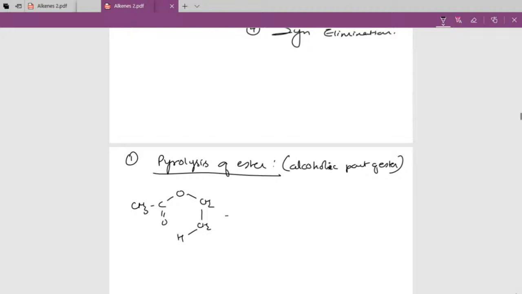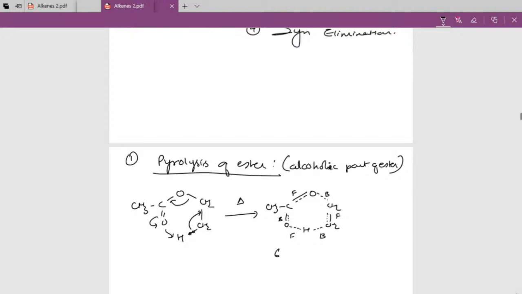It is a single step. You just have to heat it strongly and a transition state will begin to form. Bond break, form, break, form, break, and form.